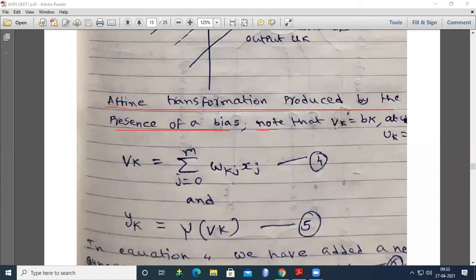Note that vk equals bk at uk equals 0. uk is a summation of all the inputs. So vk equals sigma j equals 0 to m of wkj xj, and yk equals the activation function psi of vk.